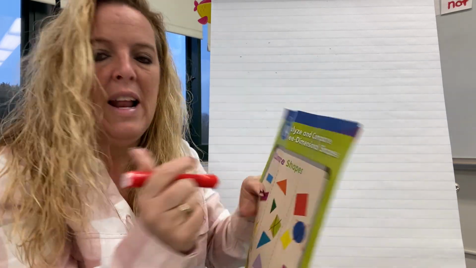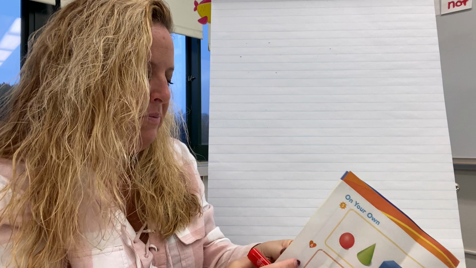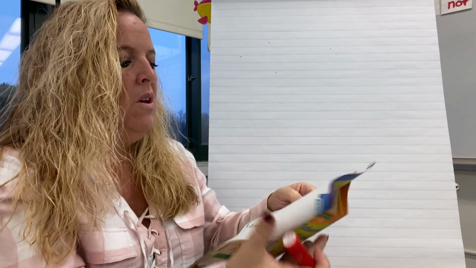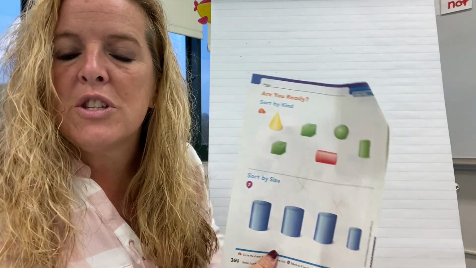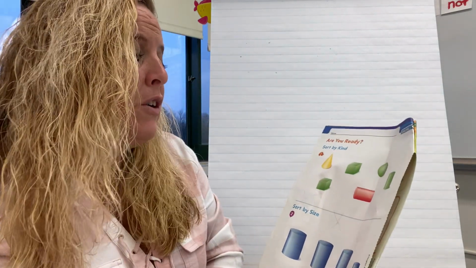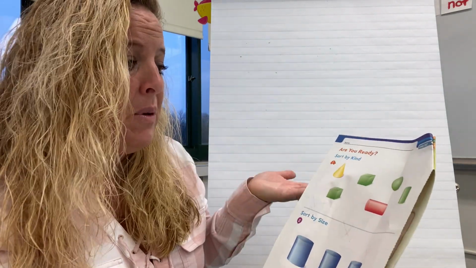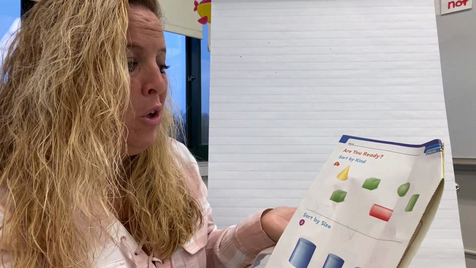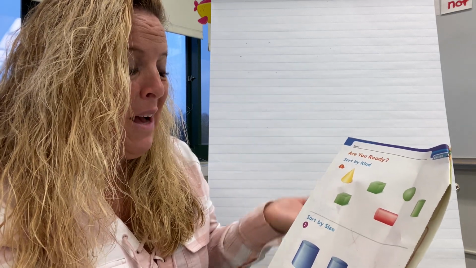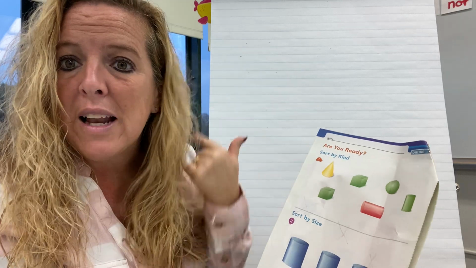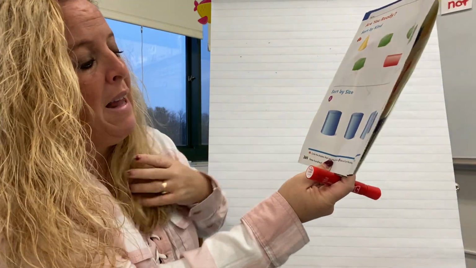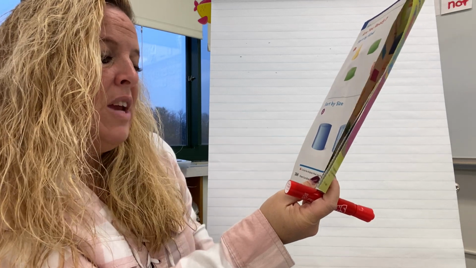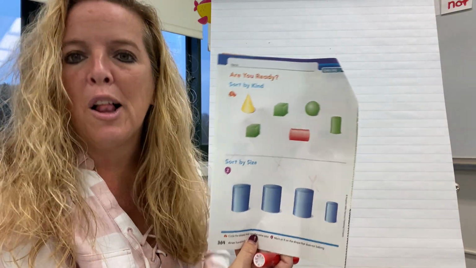All right, moving on, turn your page. Now it says sort by kind, and they're going to give us directions. Because when I first looked at this, I said, well, I see a couple cylinders, I see a couple cubes, I see some different colored things, so I've got to listen for my direction. My direction for number one at the bottom says, circle the shapes that are the same color.